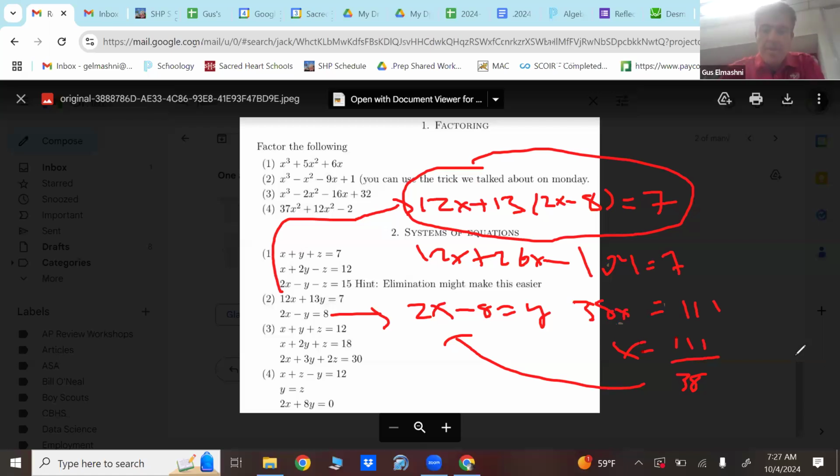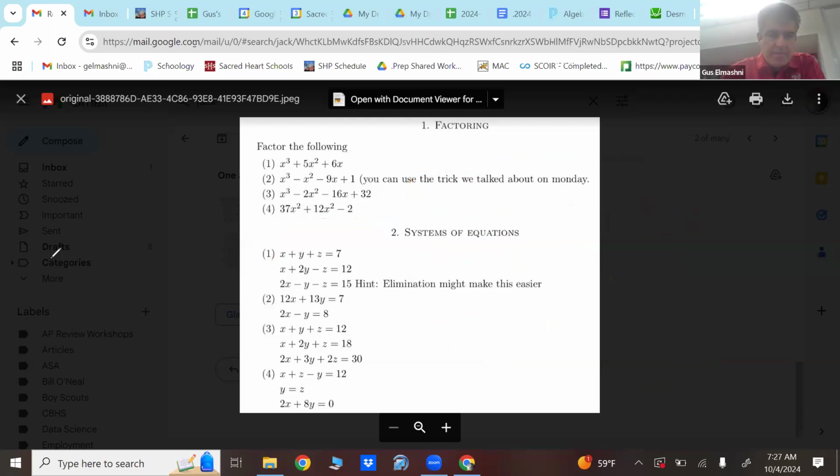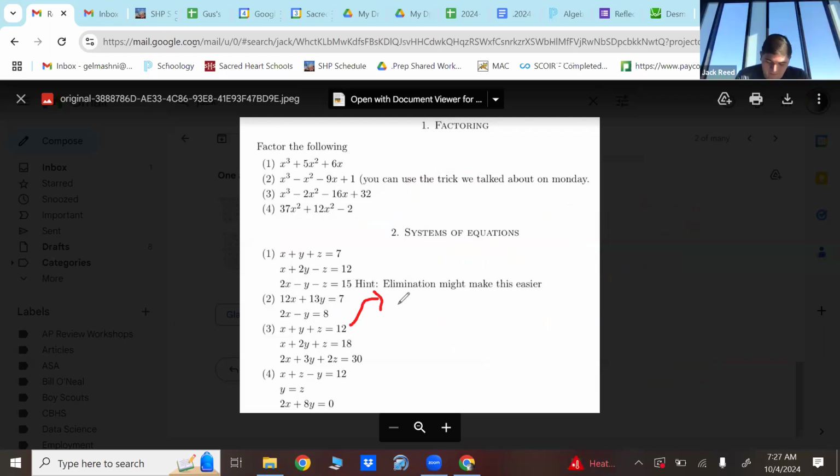Okay, so next up, let's do 3. What I recommend you do with 3, how do I do it? Yeah, I subtracted x plus y plus z, 12, from x plus 2y plus z.